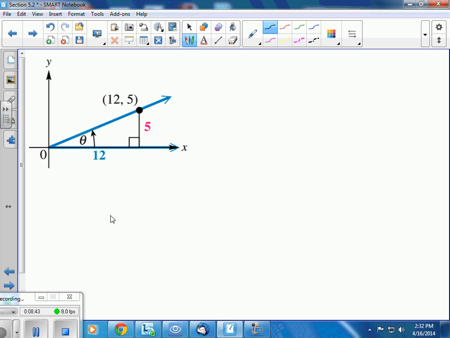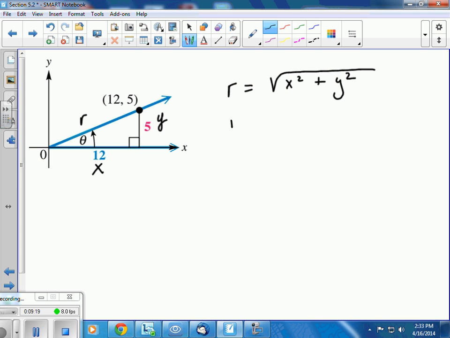So we're going to be given an angle here, from the initial side with the terminal side going through the point 12, 5. We know that 12 is my x and 5 is my y. The first thing I need to do is find r. R is my hypotenuse, so we know r is going to be equal to the square root of x squared plus y squared.